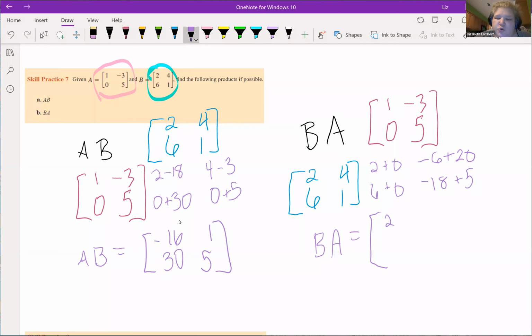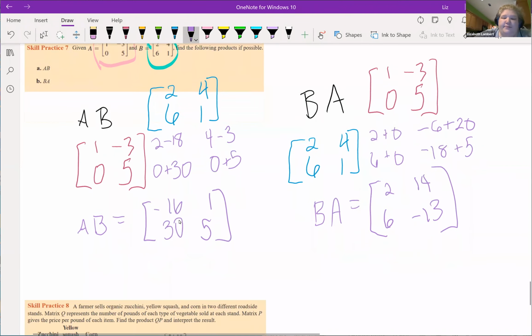So I have 2 and then +14, and then 6 and -13. So those are very, very much not the same. Now, if they came out to be the identity matrix, then that means A and B would be what's called multiplicative inverses. And when we can find the multiplicative inverse, we can make use of that.